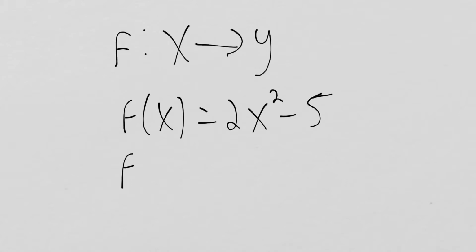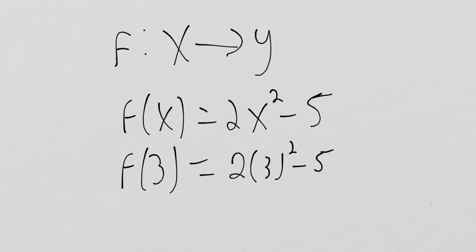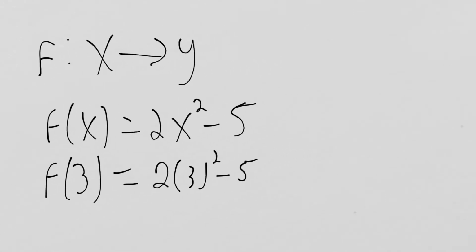So if I do f of 3, right? That means I'm going to do 2 times 3 squared minus 5. So what's happening is we're going to do 3 squared, which gives us 9, and then we're going to multiply it by 2, which gives us 18.